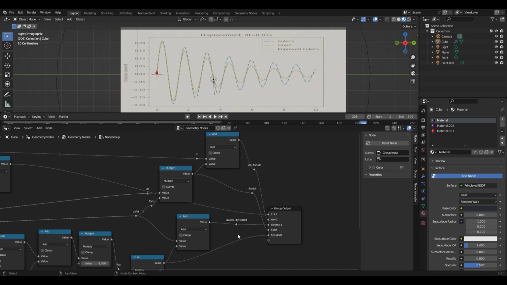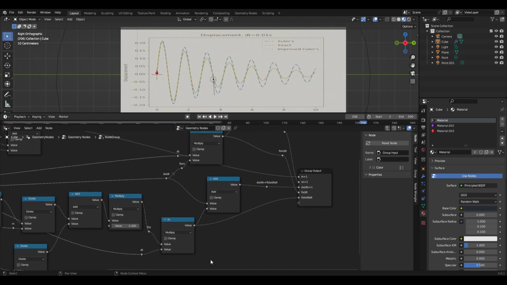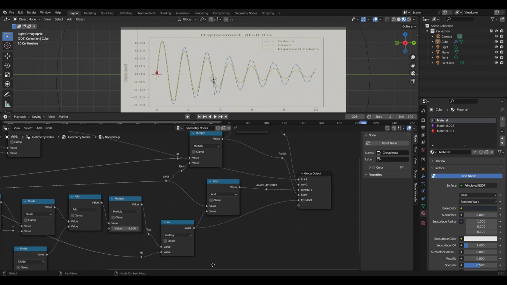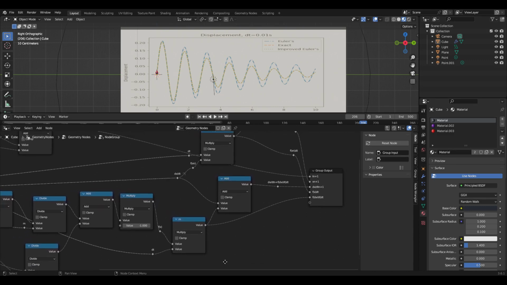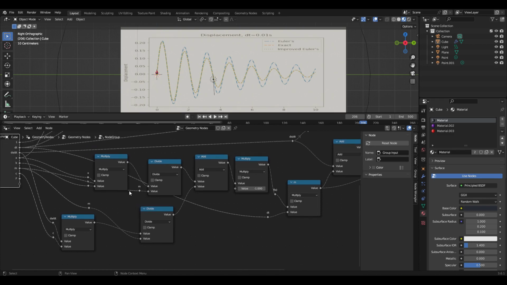And then what I wanted to do is just take out that f x n times dt and make that an output. You can see later that simplifies some of the node setup. It can do everything with this one node rather than make a bunch of different things.